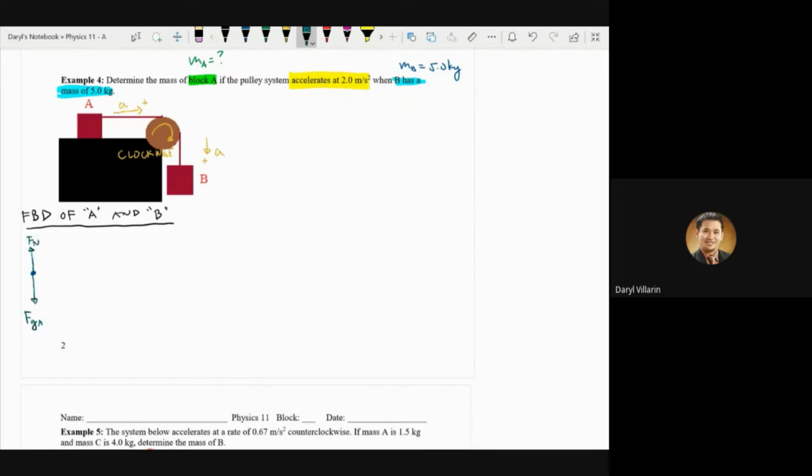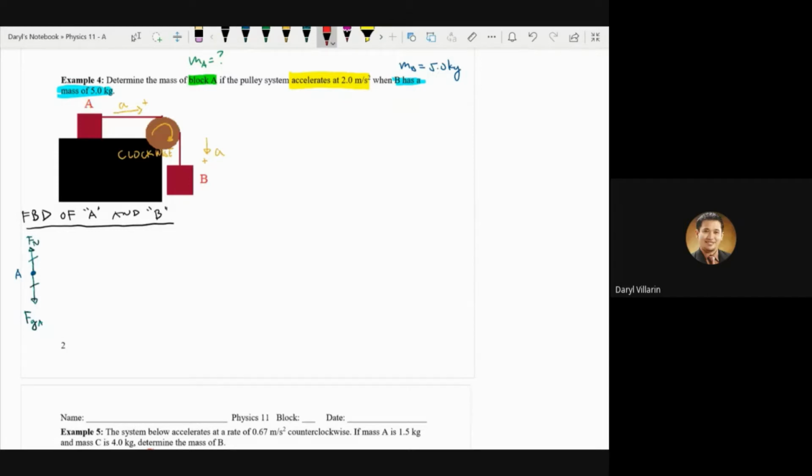And in this particular case, the acceleration is just along x. So therefore, this normal force should be equivalent to FgA, and it doesn't affect my horizontal motion. So in this particular case, again, it is assumed to be a frictionless surface.